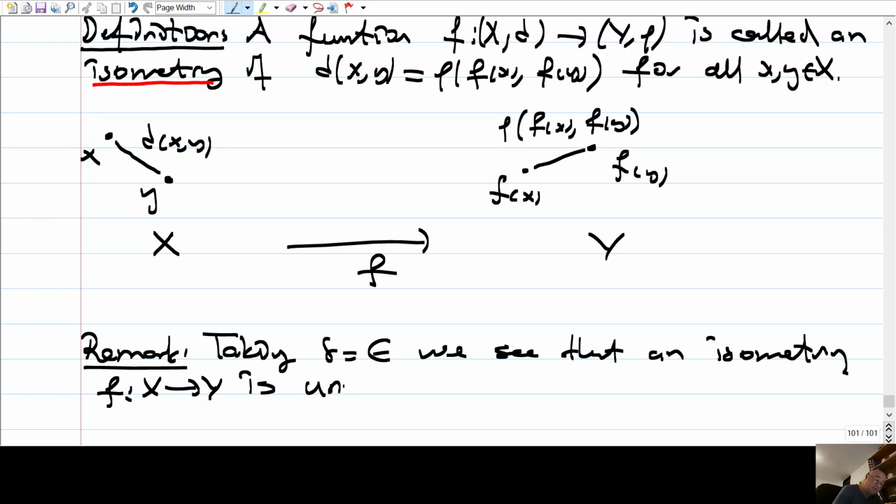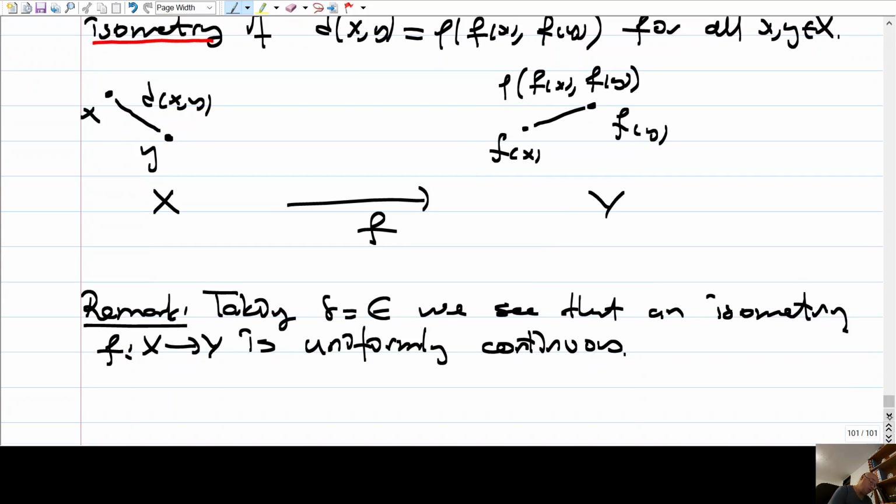It is continuous, but it is actually uniformly continuous, because it just preserves the distance. Whenever you give me an epsilon, I just choose my delta to be epsilon. Then if x and y are delta close to each other, their images will be again epsilon close to each other because these two distances are the same. So any isometry is continuous.